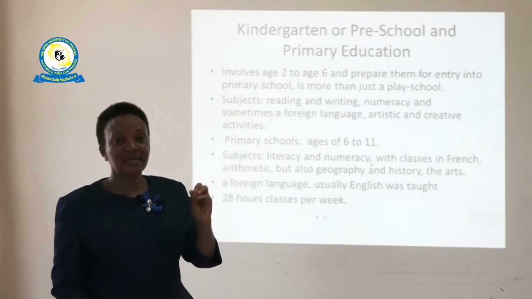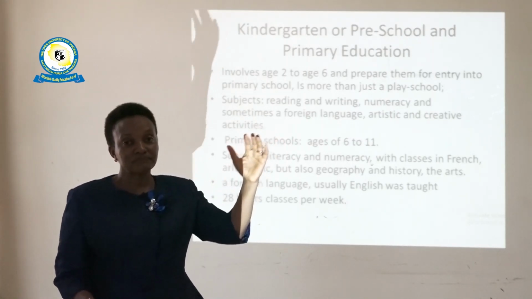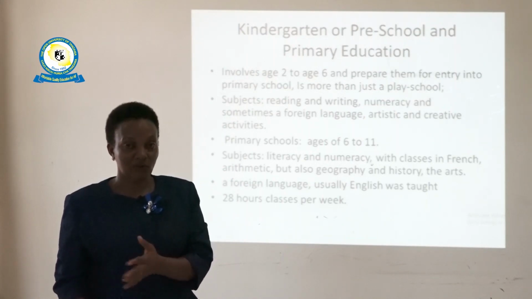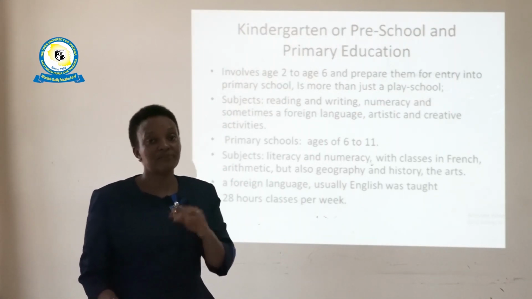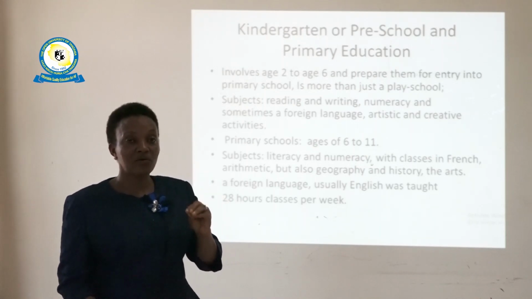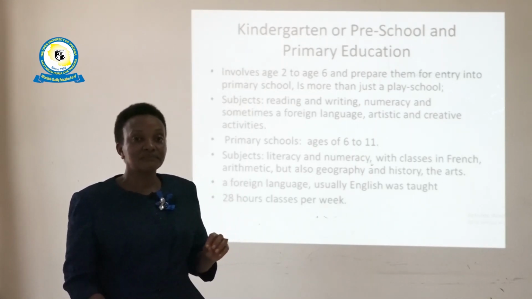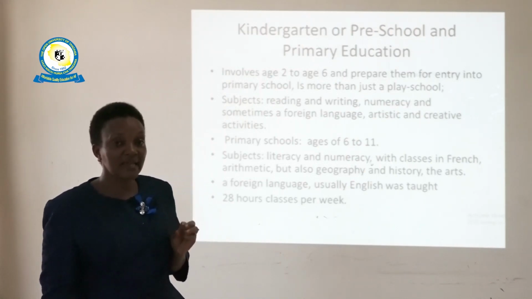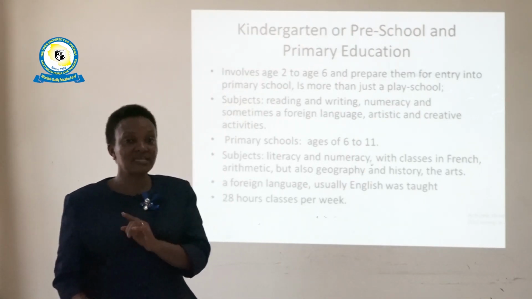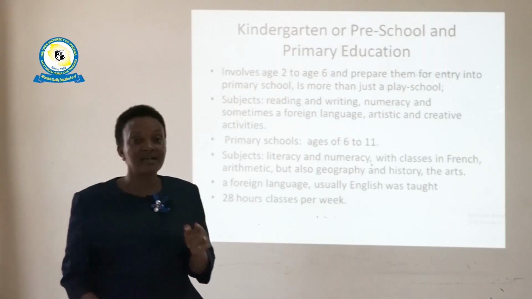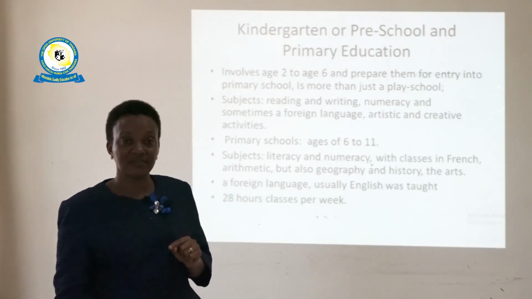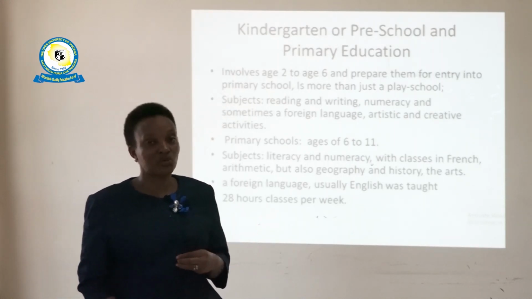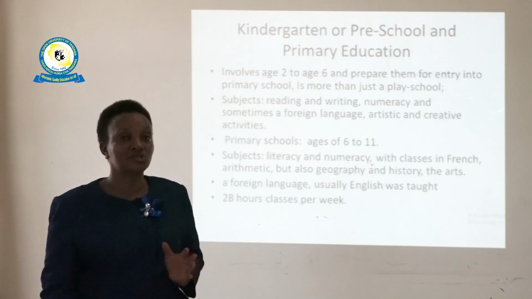Now, how are kindergarten or preschool and primary school organized? Let us see how it is done. Kindergarten involves ages 2 to 6. Any child aged 2 to 6 in France goes to kindergarten. This prepares them for entry into primary school. It is more than just a play school.